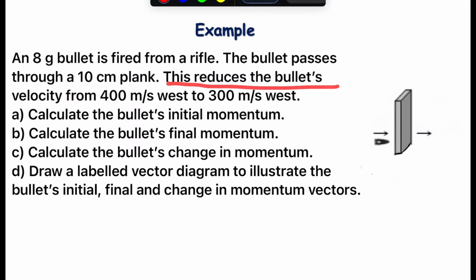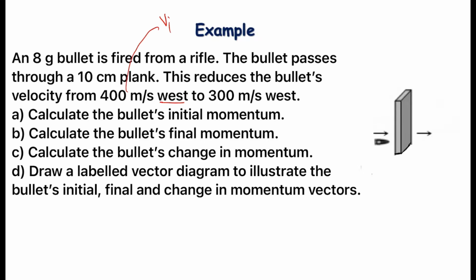This reduces the bullet's velocity from 400 meters per second west, so this is the initial velocity, west, to 300 meters per second west. This is the final velocity. So this bullet is going in the same direction, but it passes through a plank.